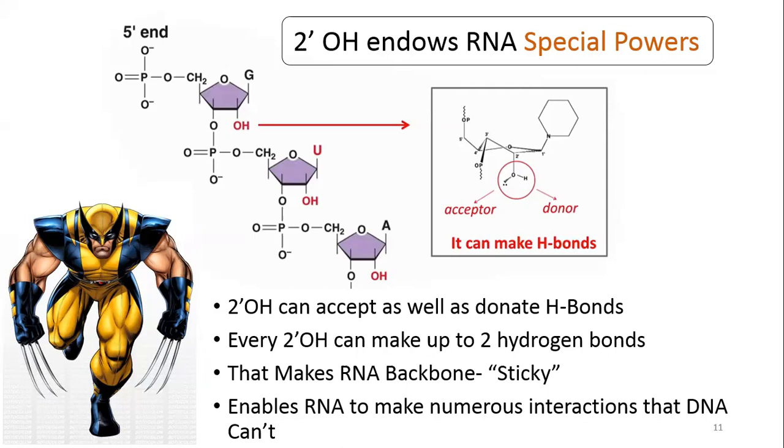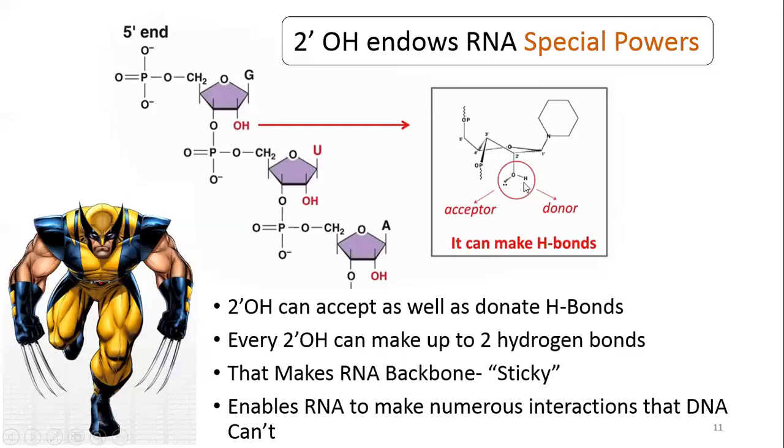Say, for example, if you consider the chemical structure of the sugar group, you can see that you have this hydroxyl group, and the hybridization state of this oxygen is such that it has a lone pair of electrons, and due to the presence of this lone pair, it can act as an acceptor.